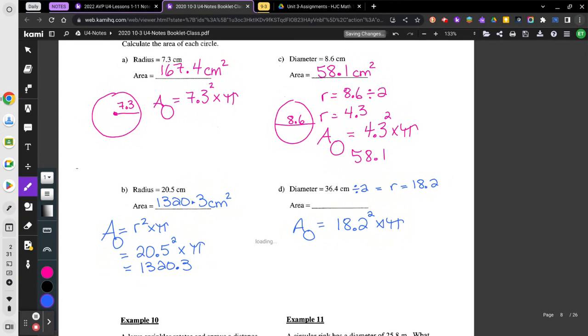So 18.2 squared times pi. And that's a big number. 10,040.6. Whoa, 1,040. Where'd I get the 10,000? 1,040.6 centimeters squared.